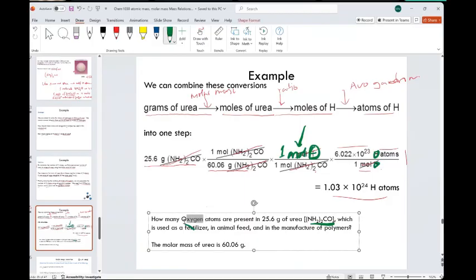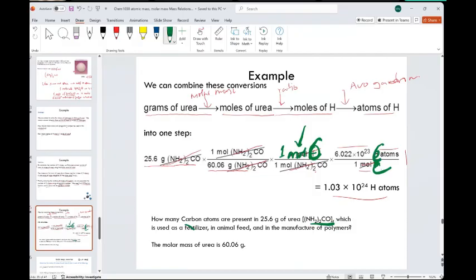Now let's say you want to find that for carbon. Only this value will change, but you see carbon and oxygen are the same. Carbon is also 1 mole, so the value does not change, just O becomes C, because there is 1 mole of carbon in 1 mole of urea, everything remains the same.